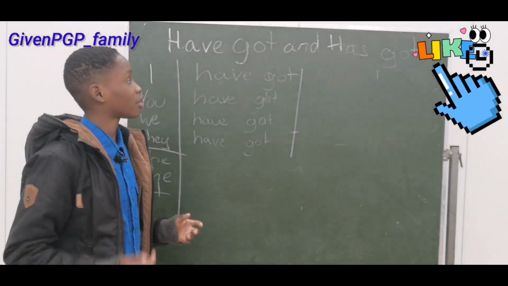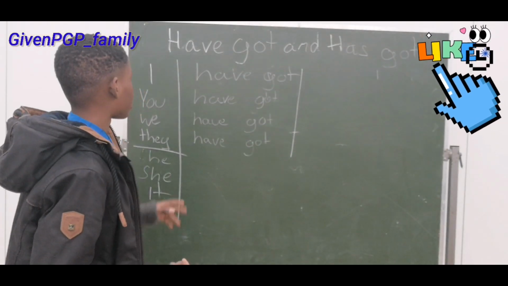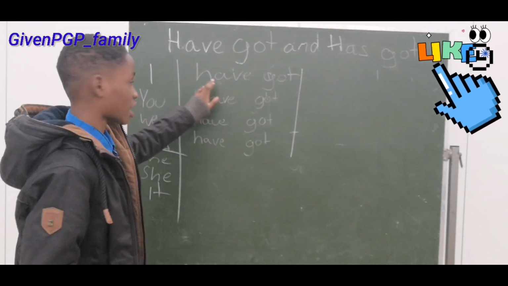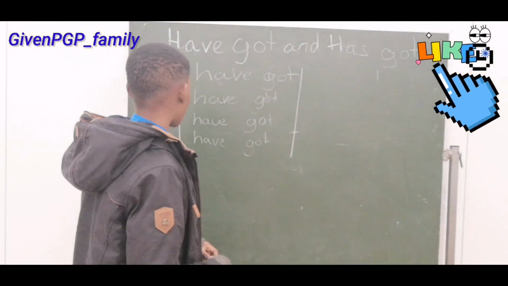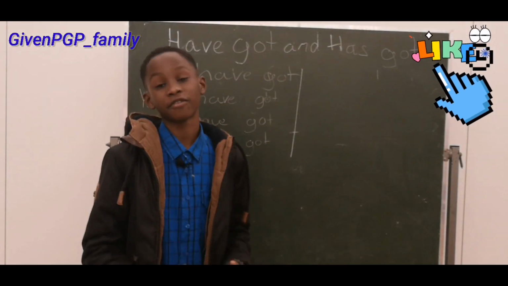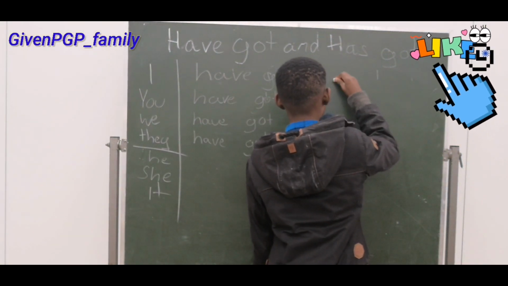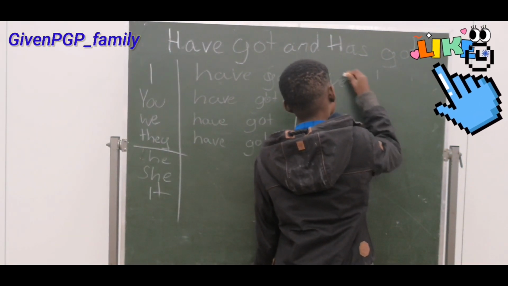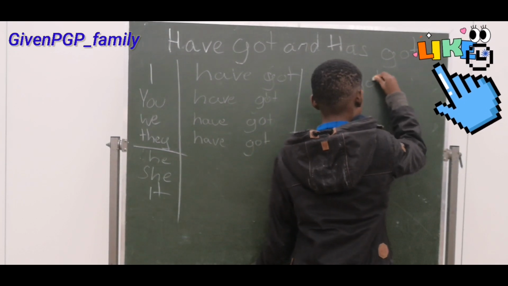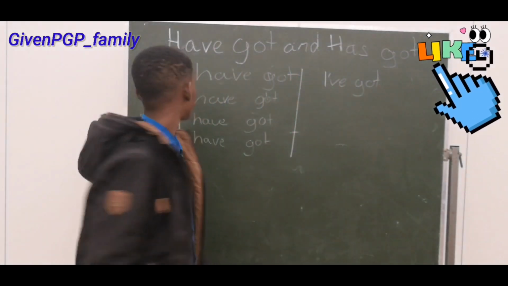But let's first learn the short forms. When you have I have got, you must combine I and have. So I and have will be then I've got. Understand, guys?